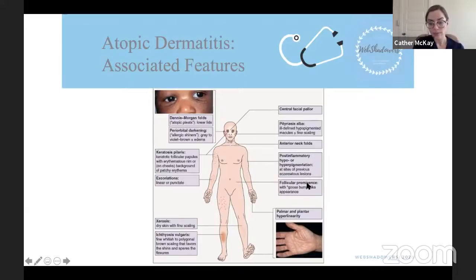So that's pretty common. Follicular prominence looks like goosebumps. Trunk is the most common place to see that. Hyperlinear palms and soles. That's another stigmata of atopic dermatitis. Xerosis and ichthyosis vulgaris is a kind of scaling that you can get on the lower legs.